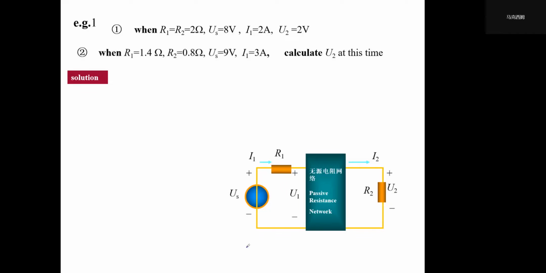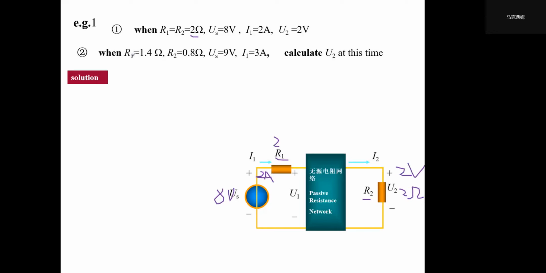And let's see this example. When R1 and R2 equal 2 ohm, and US equals 8 volt, and I1 equals 2 ampere, then U2 equals 2 volts.